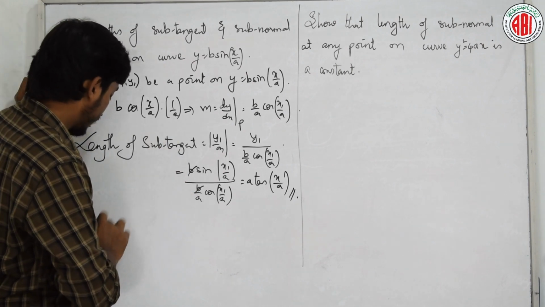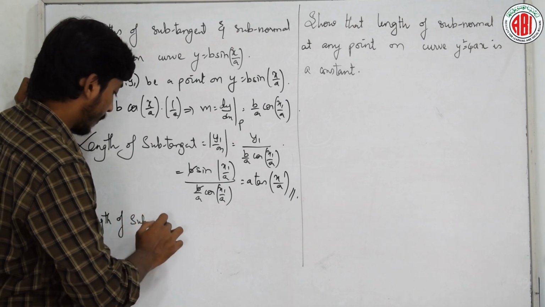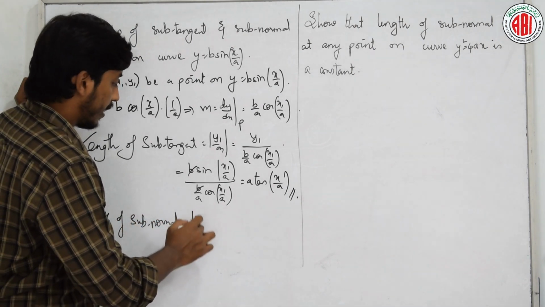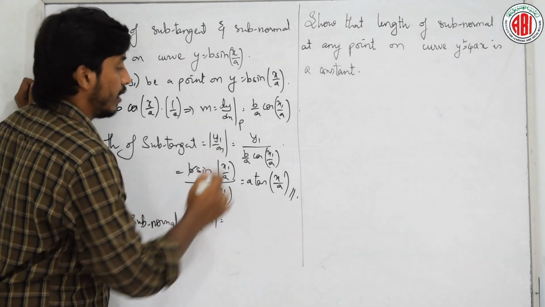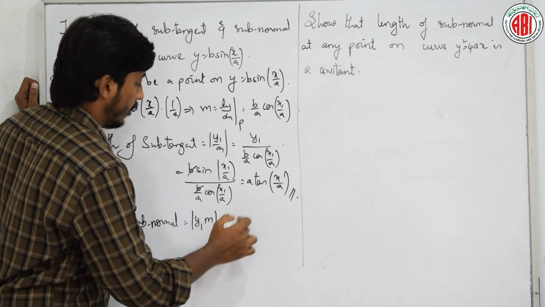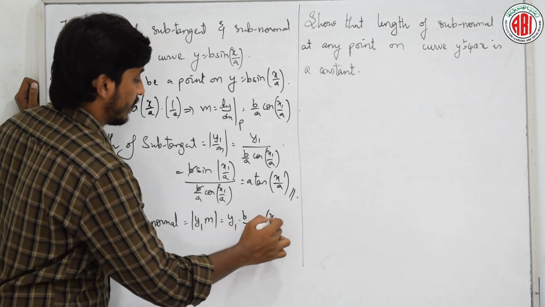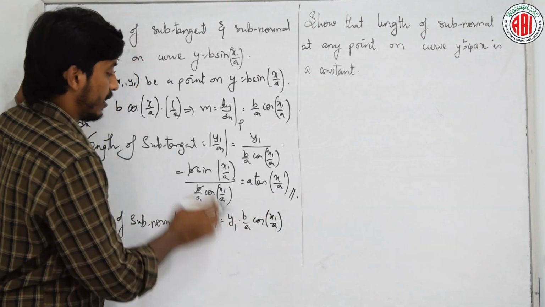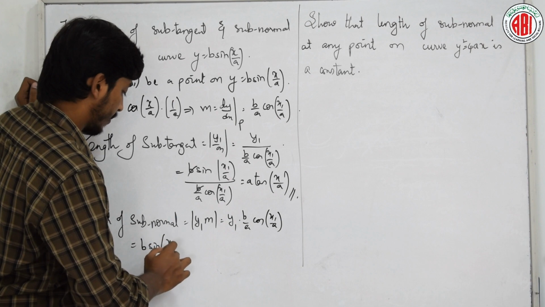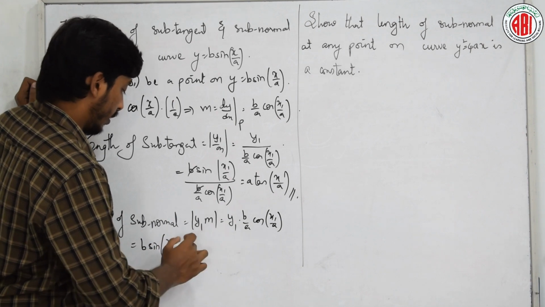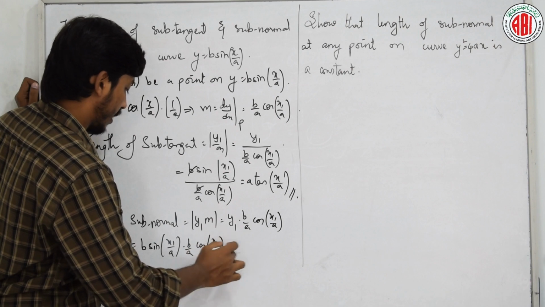The next is length of subnormal. Okay, that is y1 into m. What is y1 into m? y1 into b by a cos x1 by a. What is y1? y1 is nothing but b sin x1 by a into b by a cos x1 by a.